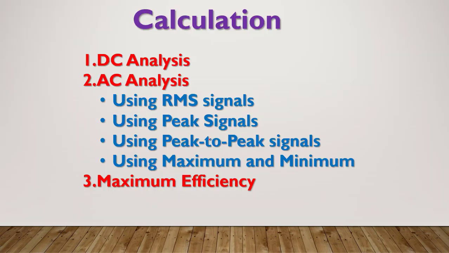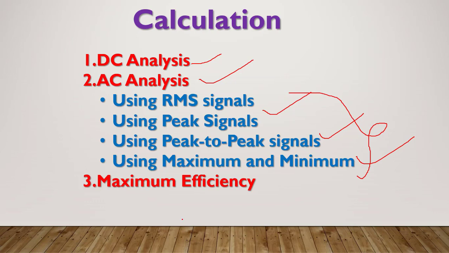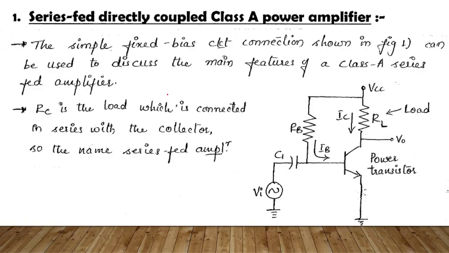Okay, after that we have to calculate: one is the input analysis as PDC, the output analysis as PAC. PAC we can represent in either RMS value, if you know VRMS convert it into the VM value, or peak value, convert into the peak to peak value, then into the maximum and minimum value, and find the efficiency by DC by AC analysis. First we are using the series fed circuit.